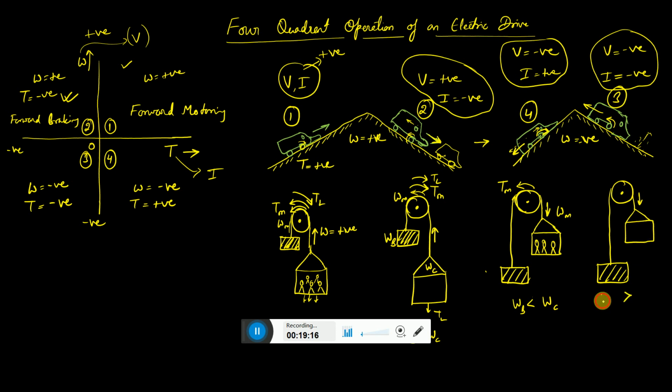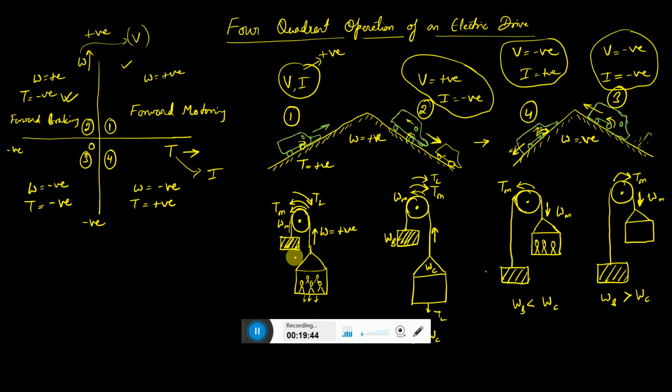On the left hand side, the balancing weight is heavier than the weight of the cage. So going down is not possible. To make it possible, I have to give a negative torque. So the speed and torque both are negative. That is quadrant number 3. Then it is possible to drive this empty cage downward.